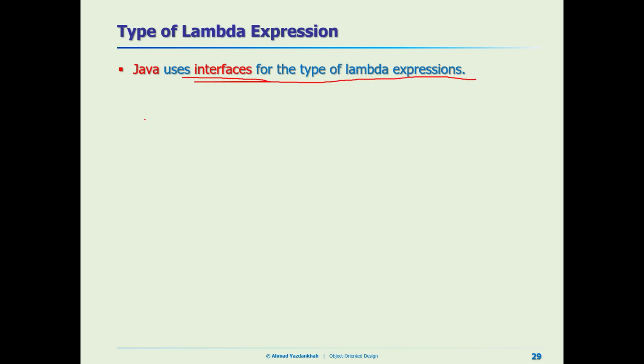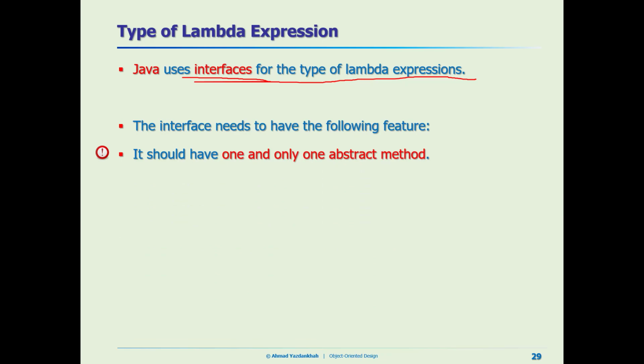All right. But the point here is that it's not the case that any kind of interface works. The interface should have a very specific feature. The interface should have one and only one abstract method, right? This is the only restriction that we have for lambda expressions.